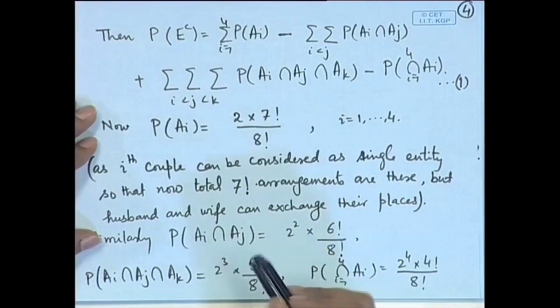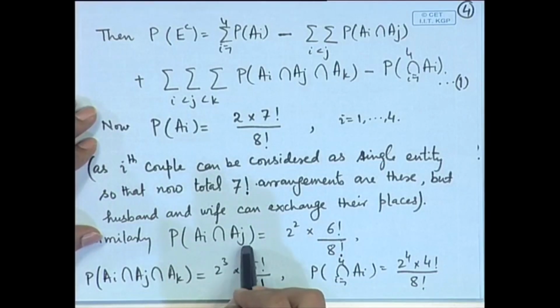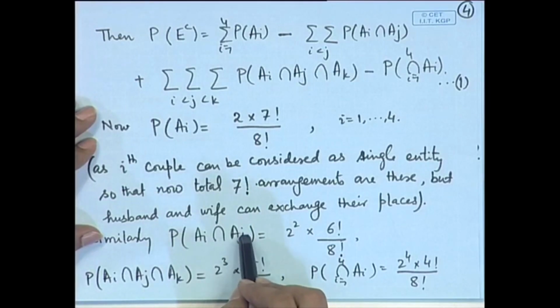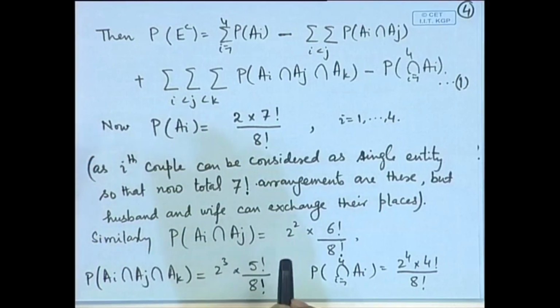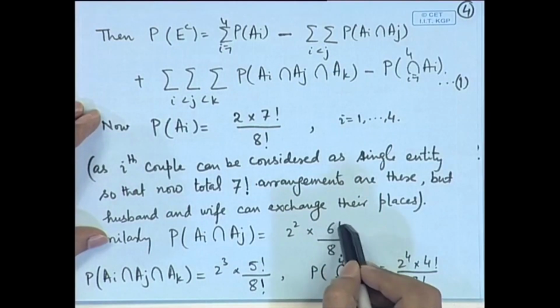Now, if we extend this argument and consider the event A_i intersection A_j, that means I am saying the ith couple and the jth couple sit together, and we are not concerned about the other couple. So, there are 4 persons left plus 2 couples, which will be treated as 2 entities. So, there will be 6 persons, and these 6 persons can be arranged in 6 factorial possible ways.